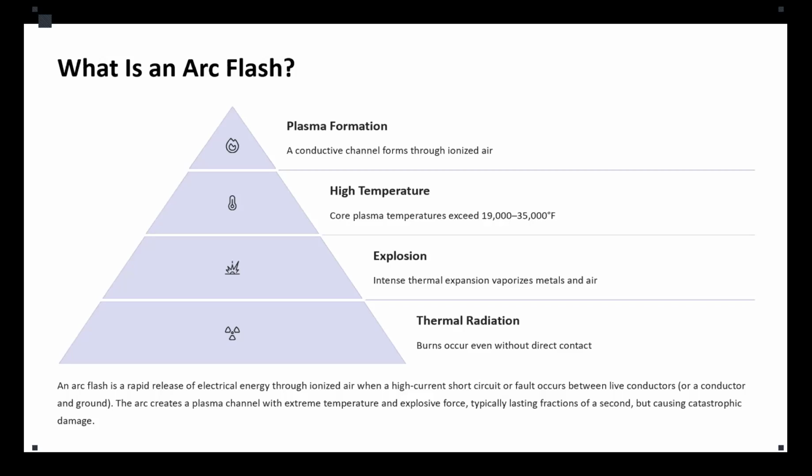So let's walk through the key physical phenomena that define an arc flash. One is plasma formation. It all begins when air becomes ionized, that is, its molecules get stripped of electrons and become conductive.